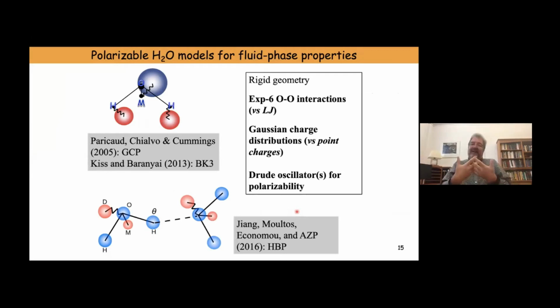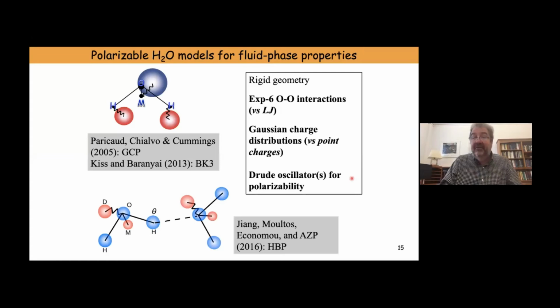What is happening? What is missing in these models? Well, one obvious answer is polarizability. These fixed point charge models do not allow for distortion of the charge distribution in an electric field. And of course, ionic solutions have ions, which create strong electric fields, which should distort the electron distributions.